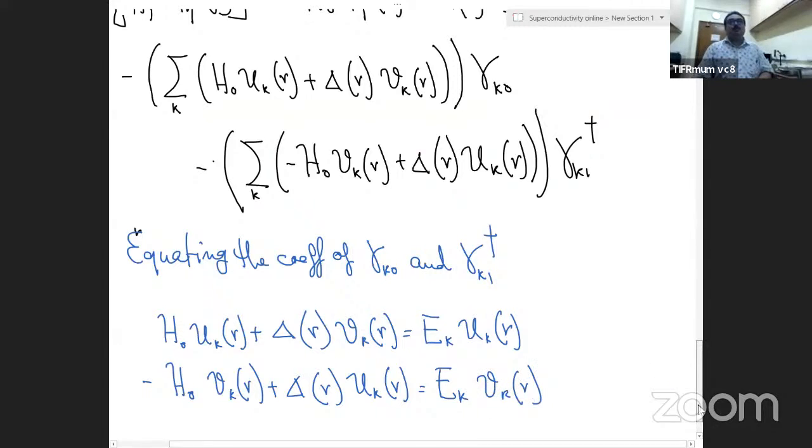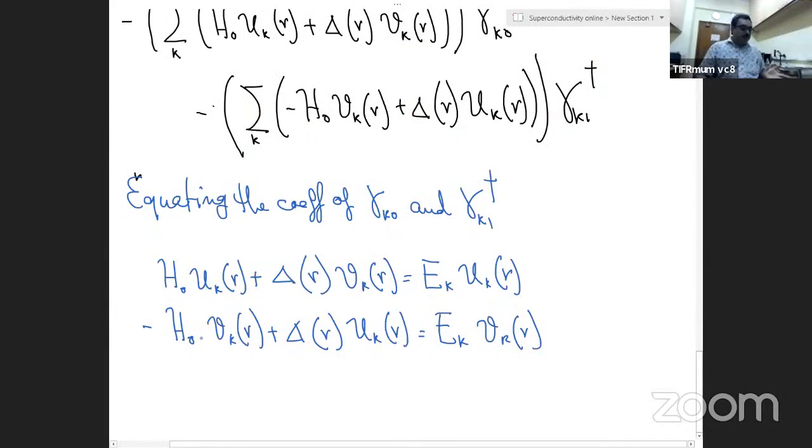So now you have a coupled equation. Now your Schrodinger equation is no longer one differential equation, but two coupled equations, because you are coupling electrons and holes. That is what u_k's and v_k's represent. So therefore, the real space formulation of BCS theory gives you a matrix equation if you want to write it in a compact form.